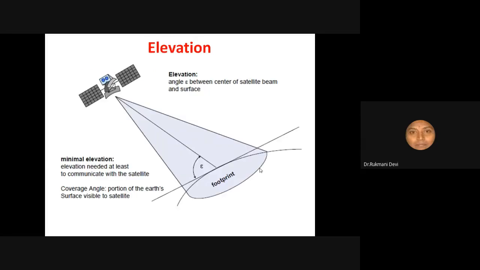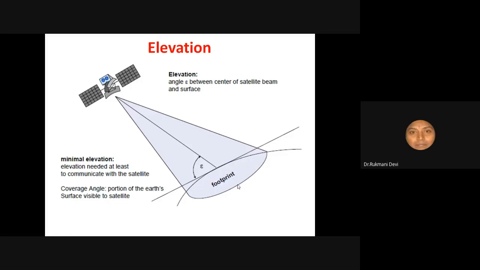Now, what is meant by elevation? The elevation is the angle epsilon between the center of the satellite beam and the surface. Here you have epsilon, the satellite center and the surface, which is the footprint.